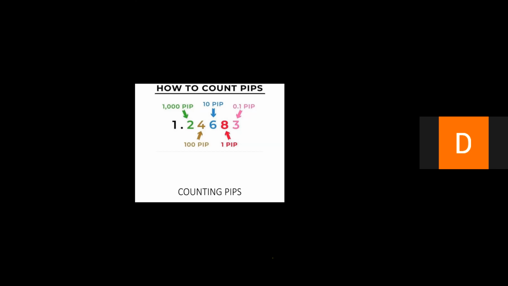We have eliminated the sixth digit, the 0.1 pip movement digit. We have just taken the last second digit, which is the 1 pip movement digit, and the last third digit, which is the 10 pip movement.